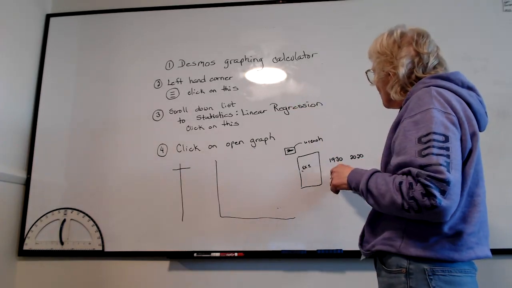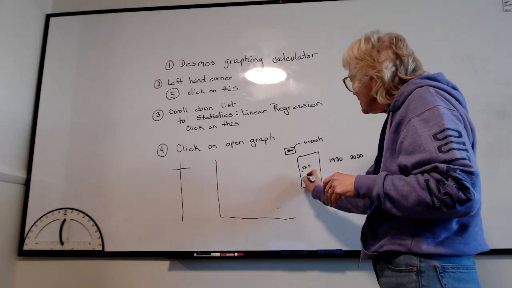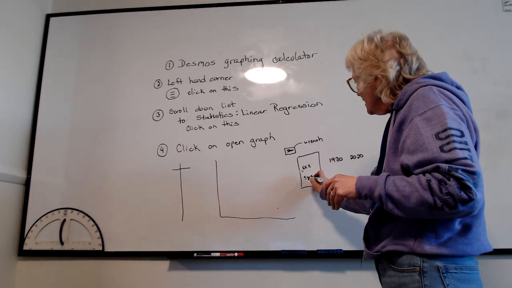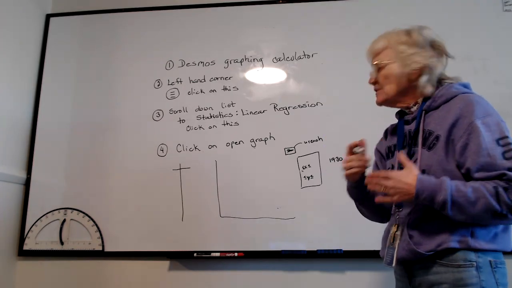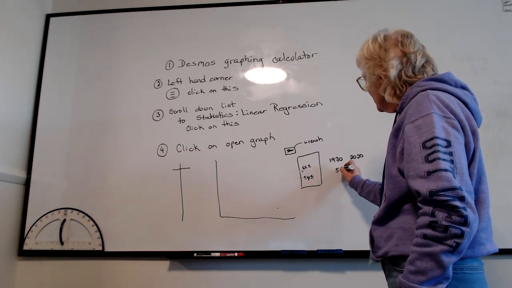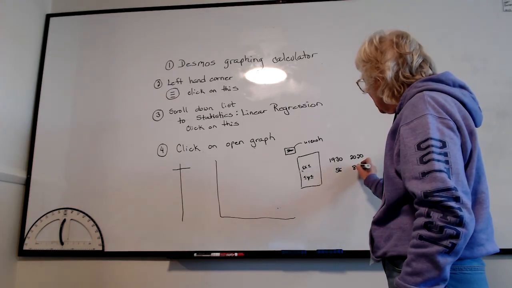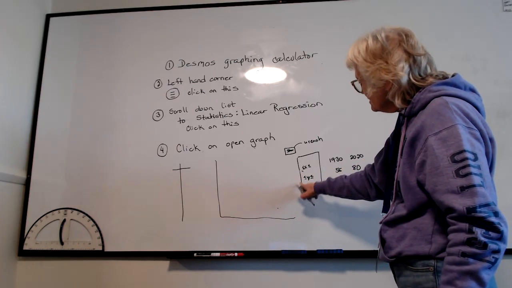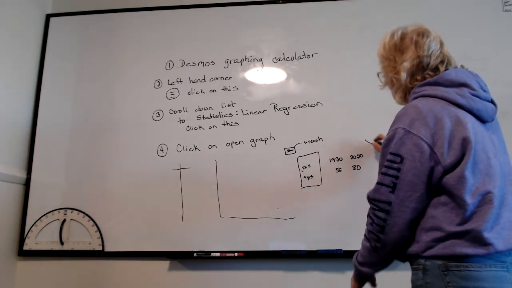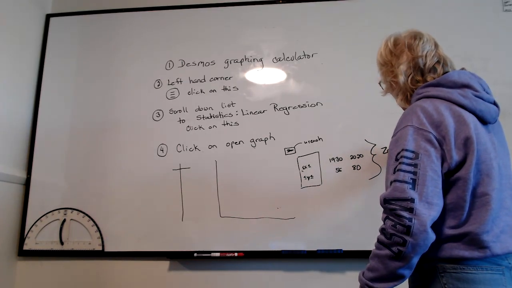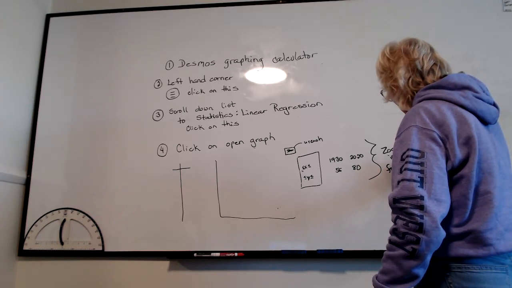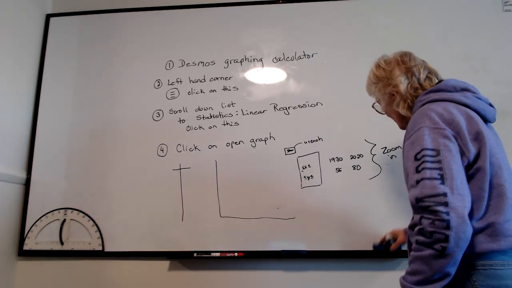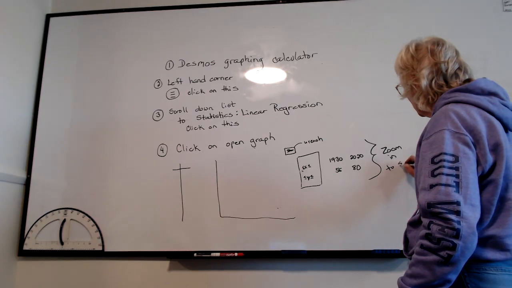For Y, we went from 55 approximately up to about 80. So put our smallest, our largest. This will zoom in to see the points that you've graphed.